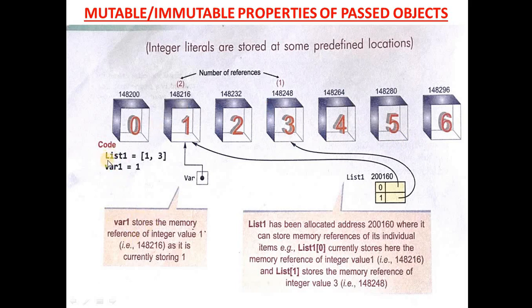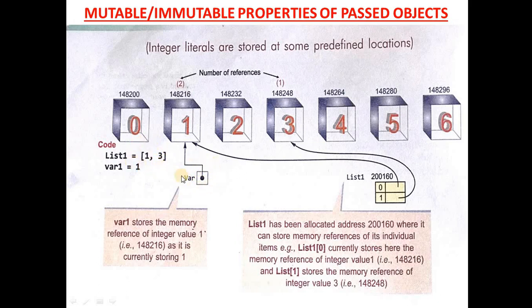See, in the program, if I have written list1 is equal to 1, 3, and another variable created, var is equal to 1. So var creates an integer and list1 is created with two values, 1 and 3.